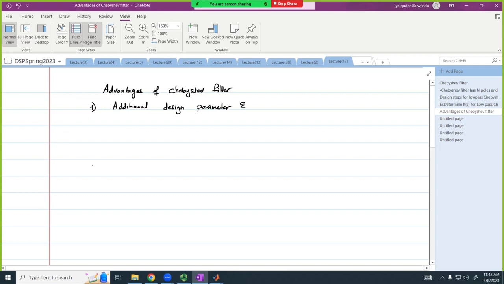So this gives us more flexibility than a Butterworth filter. And the second advantage, for a given design specification, the order of the Chebyshev is going to be less than or equal to that of the Butterworth filter.